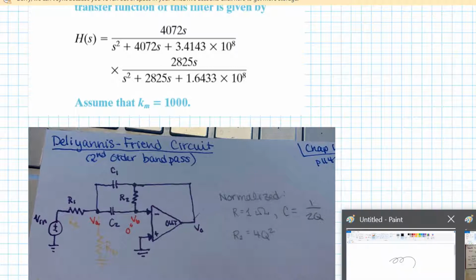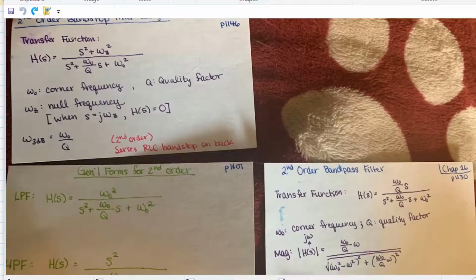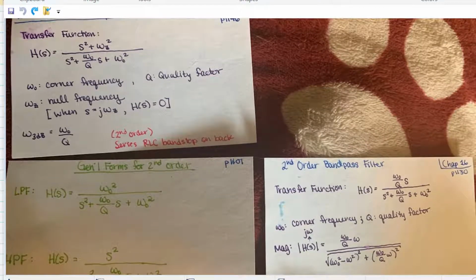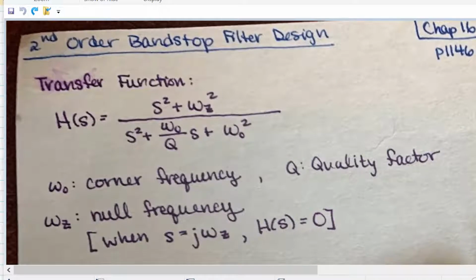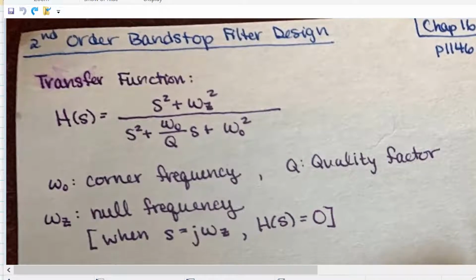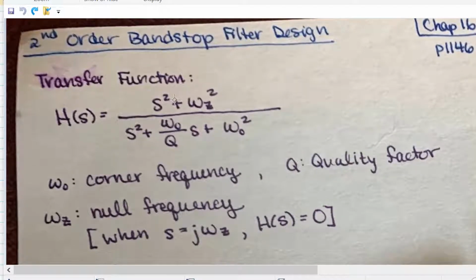When I bring up my little note cards for my different types of filters, you can see this one was for band stop. The numerator looks like s squared plus a constant squared. But it's more important to focus on the denominator when we're starting out.